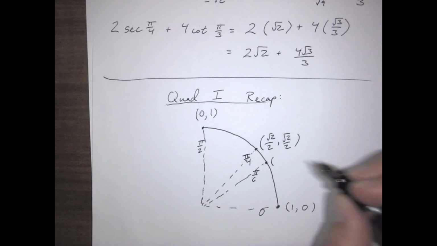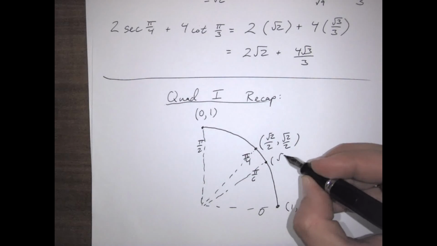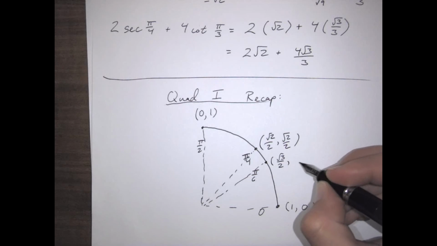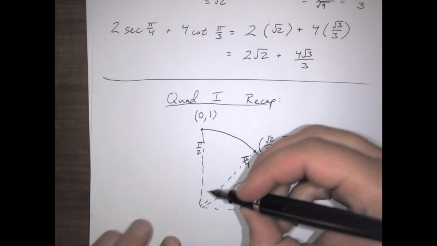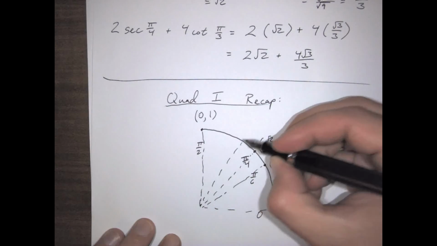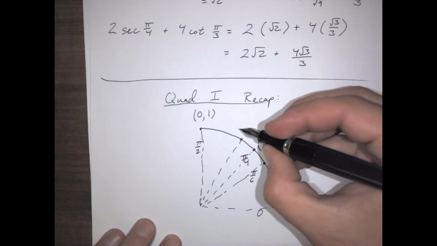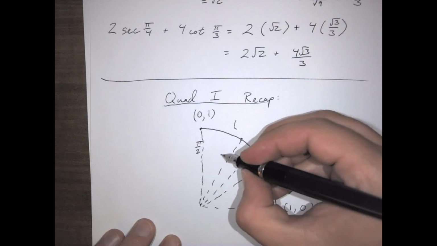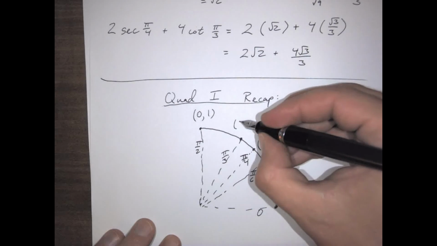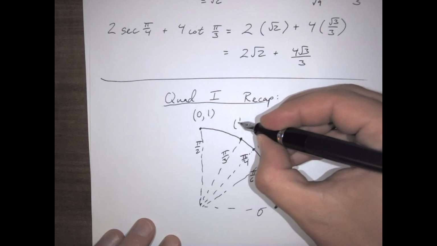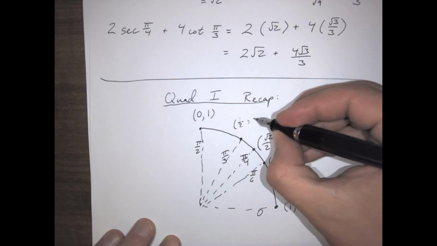Is the x big or small? It's big, so that means we're going to have root 3 over 2. And is the y big or small? And that means it's going to be 1/2. And then up here, it's pi over 3, and it's just going to be a small x and a big y.